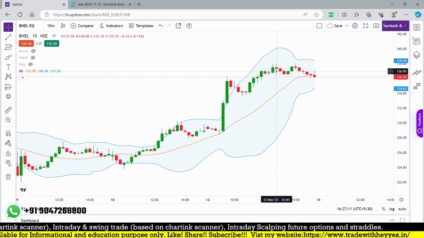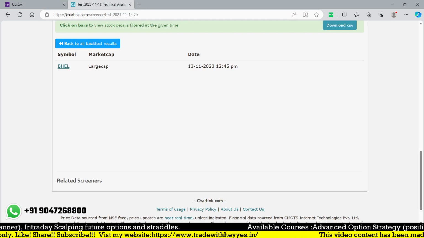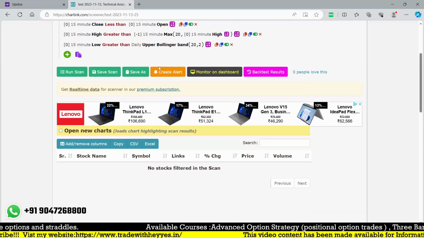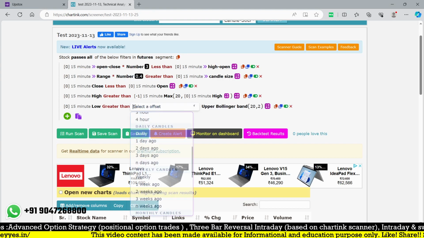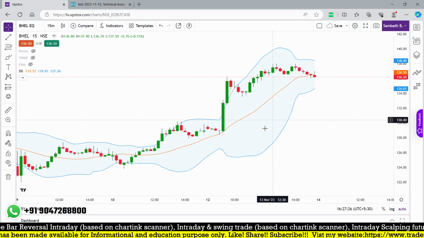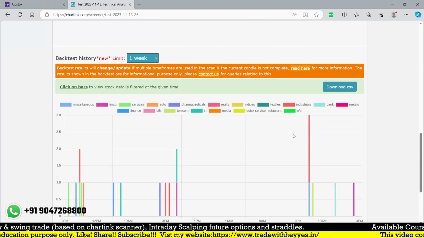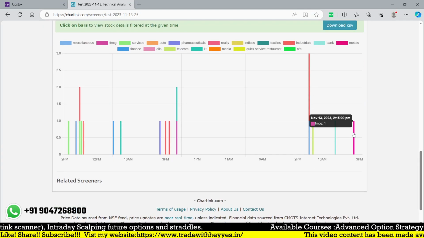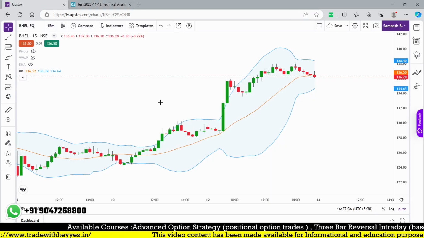It is showing you wrong data. At 12:45, exactly the 15 minutes time frame. So you can use a 15 minutes Bollinger Band because the daily Bollinger Band may vary. If you are using a 15 minutes Bollinger Band, okay, so daily, yeah, you can't get it at 2 o'clock. And this time, the 11:45 Canara Bank.